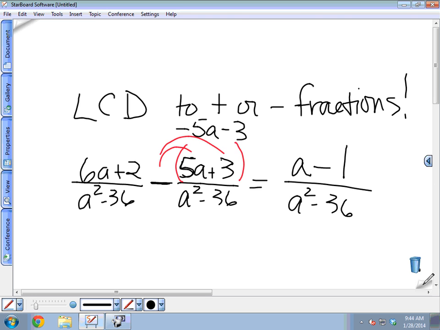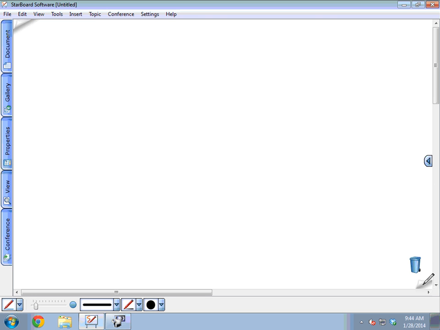The next section, write each expression as a fraction in simplest form. Again, these directions mean the same thing as the top, 9 through 13. Okay? 14 and 15.